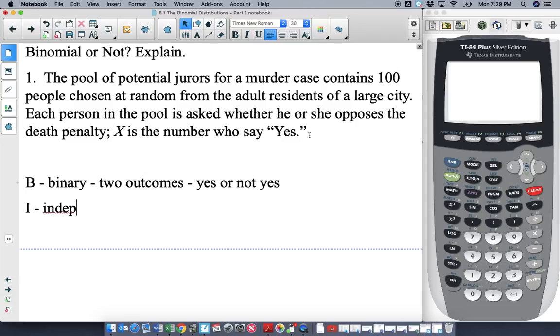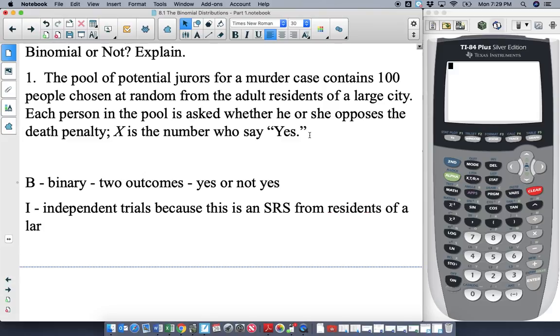And I'm going to say independent observations, or independent trials, I guess I should say, because this is an SRS from residents of a large city.